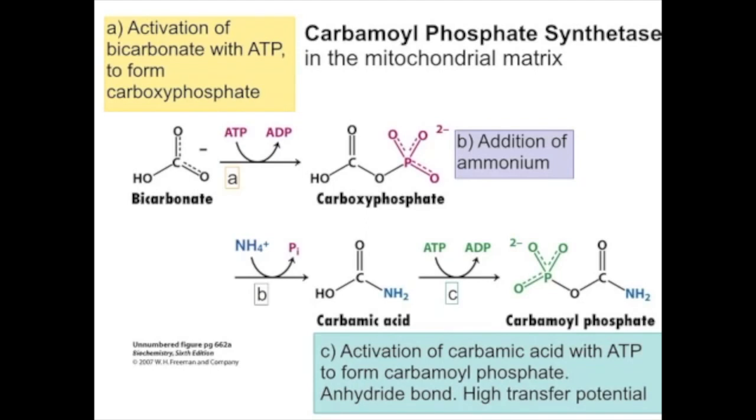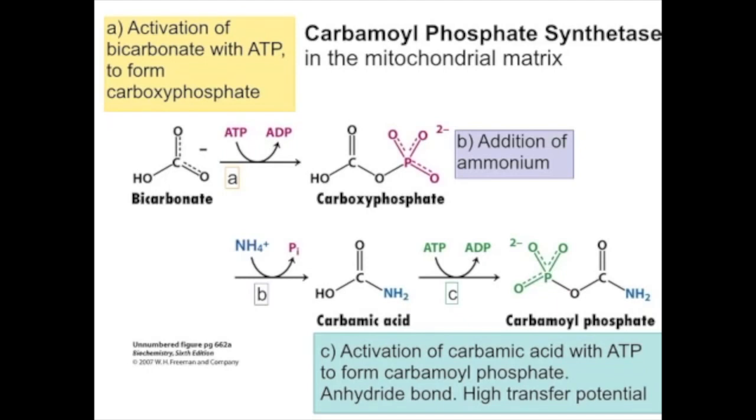The first thing that happens is the activation of bicarbonate with ATP to form carboxyphosphate. Next is an addition of ammonium to form carbamic acid, with the release of inorganic phosphate. Finally is the activation of carbamic acid with ATP to form carbamoyl phosphate.